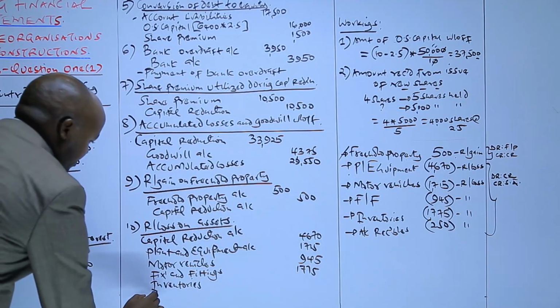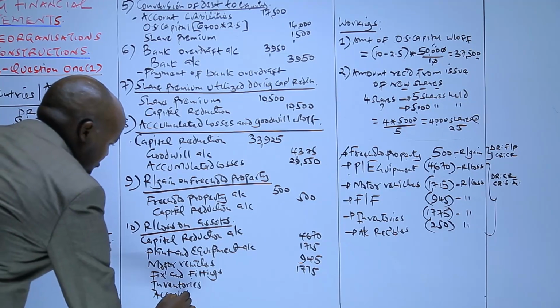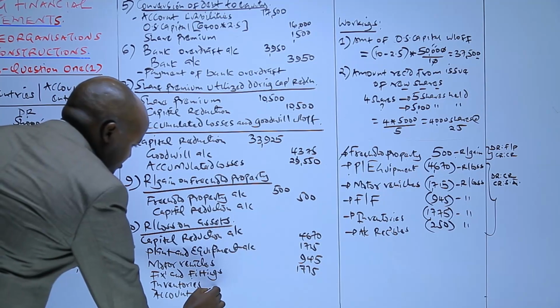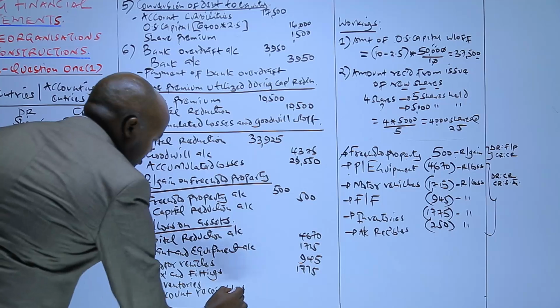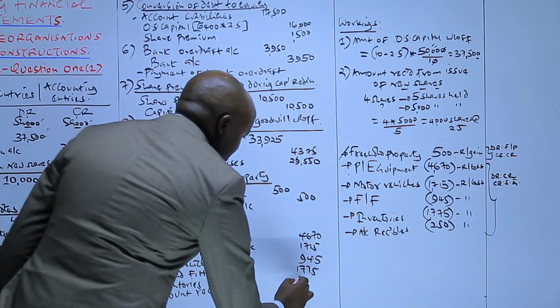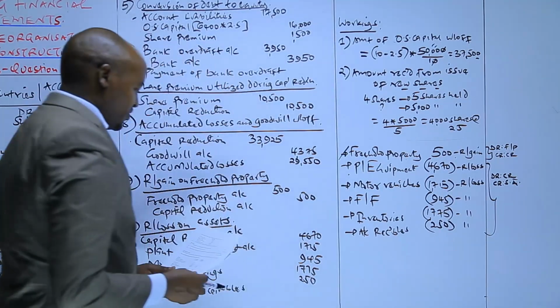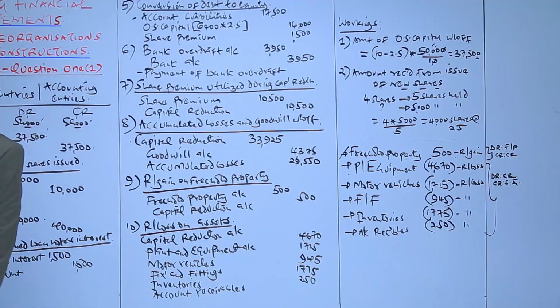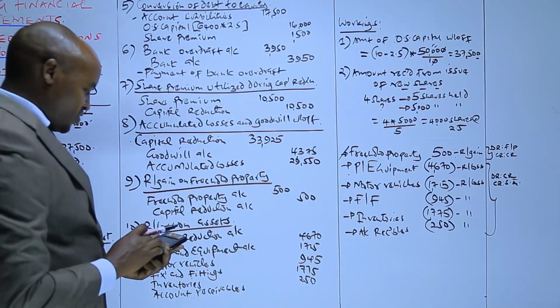And finally, we have accounts receivable. That account is to be credited with a figure of 250. Yes, 250.